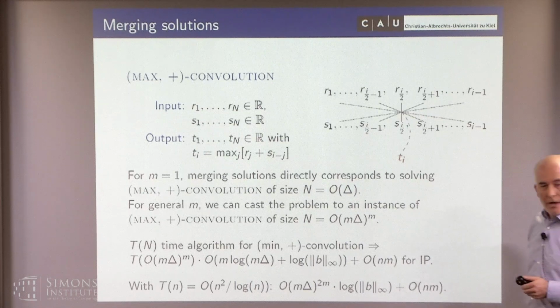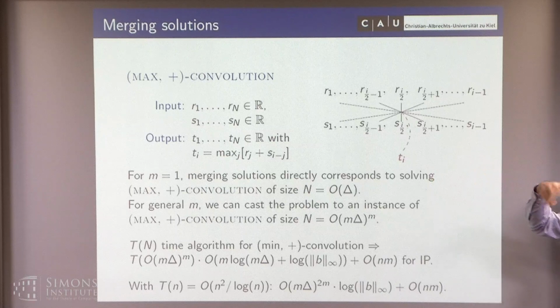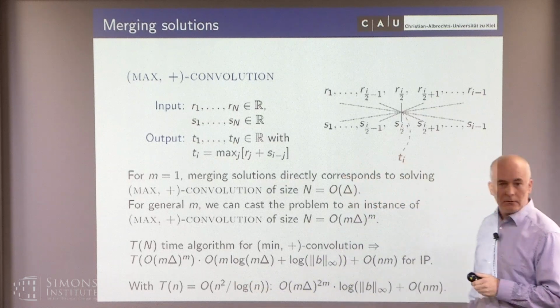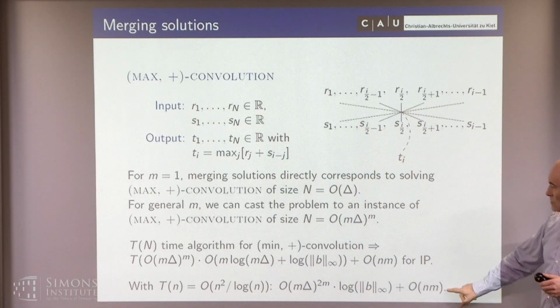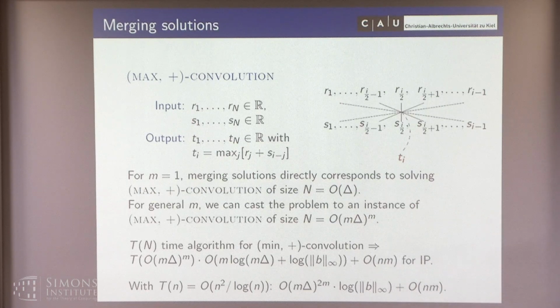So what you can do, for instance, is that the convolution step can be solved in n squared time or even a bit faster. One possibility is to plug in n squared divided by log n. And then you get such a running time finally by inserting and calculating this. Okay, that's one thing. So this shows you how we get the running time here.